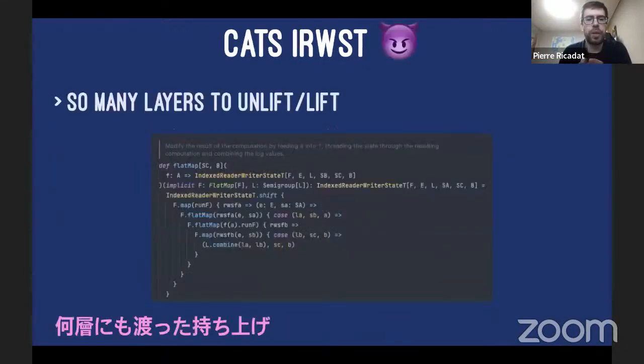However, when you look at the implementation, you can see that it is actually similar to what we had before. It's a function. So whenever you flatMap, you need to, again, unlift all those components and recreate them. When you flatMap, you have to use shift and then map, map, and combine. So there are a lot of operations at every flatMap. If you have a lot of them, the performance will not be optimal.